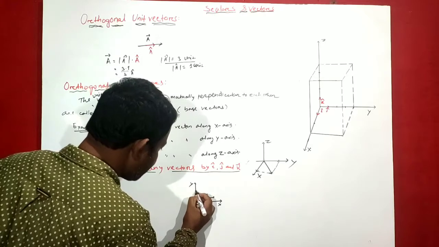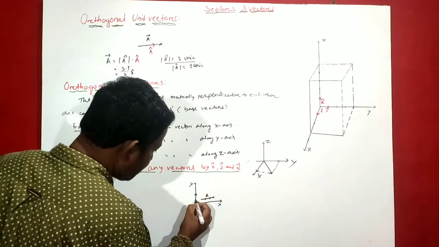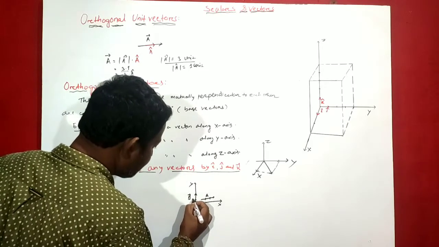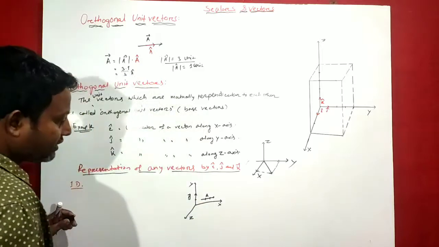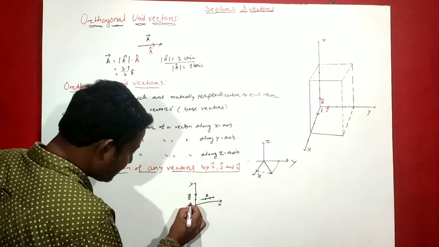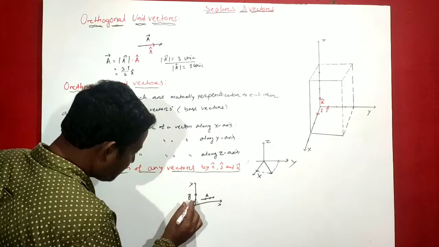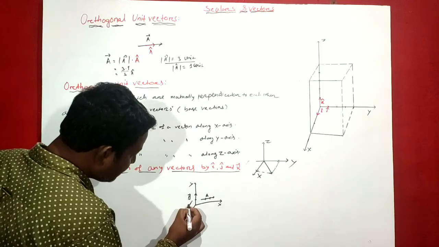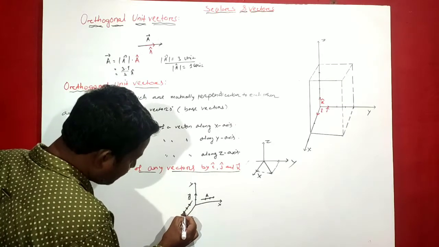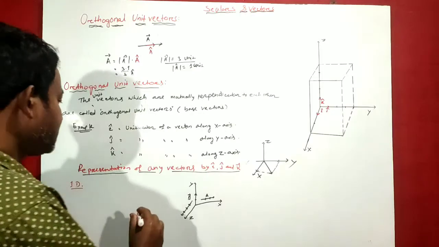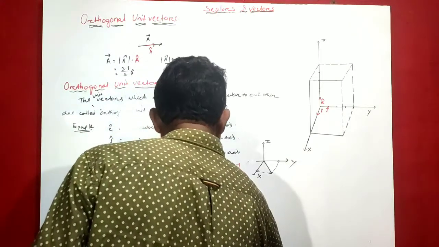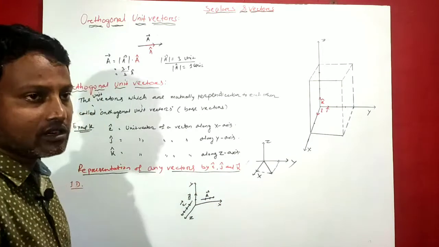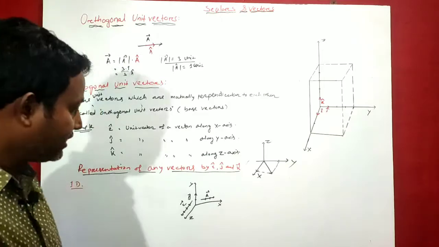Let this be vector b, whose magnitude is 2 unit, and let this be another vector, parallel to the z axis, having the magnitude of 4 unit. This is vector c. So how can I represent these vectors in terms of i, j and k?